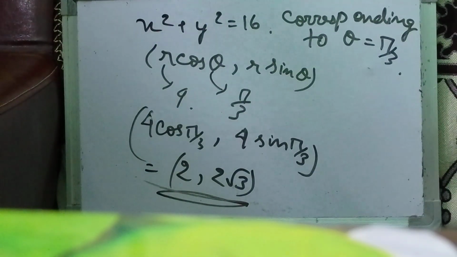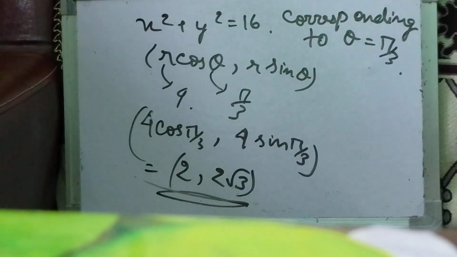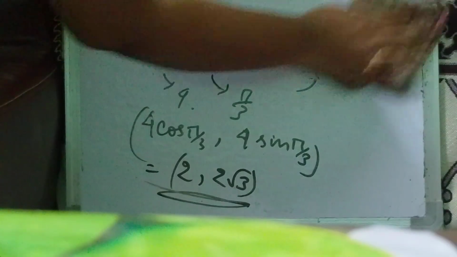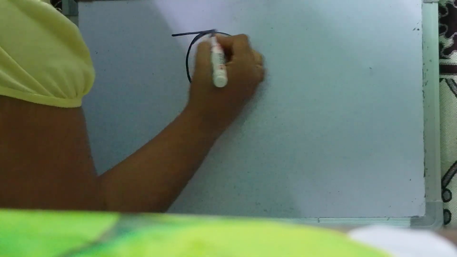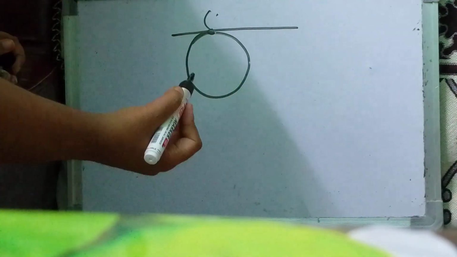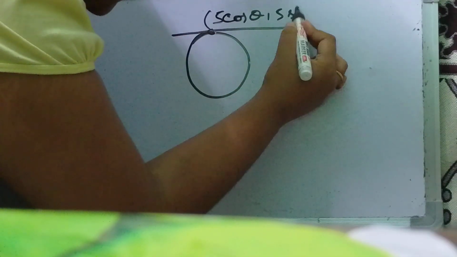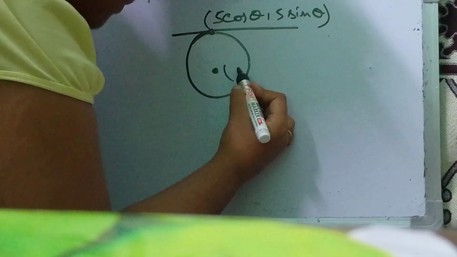Now we have to find the slope of the tangent. When a parametric point is given, we have to find the slope of the tangent at that point. The main idea is, this is the circle, this is the tangent. So the point is given. Let's suppose the point is 5 cos theta, 5 sin theta, and the center is 0, 0.